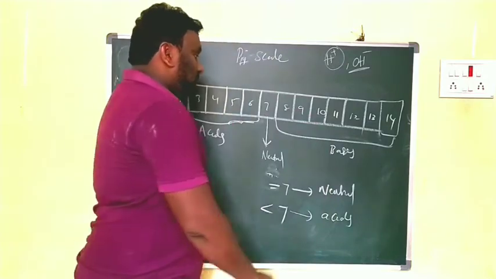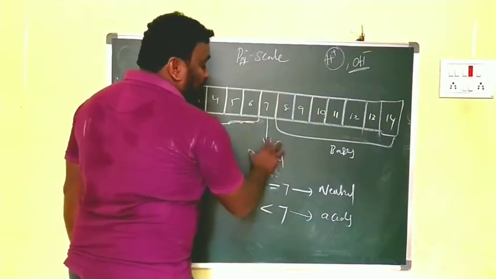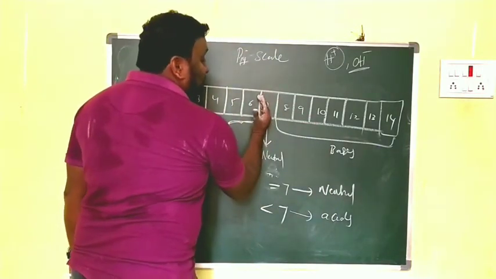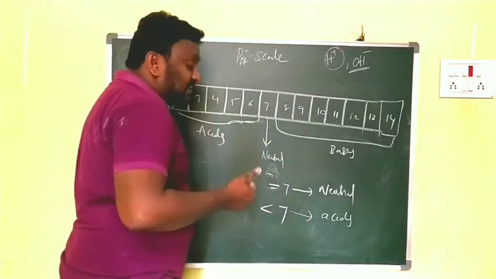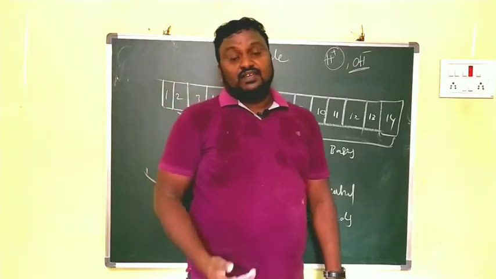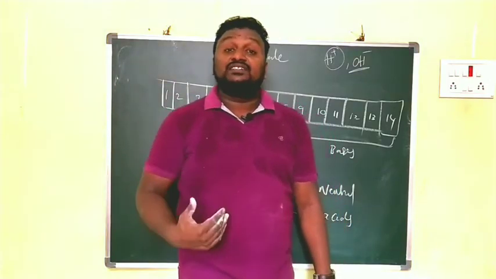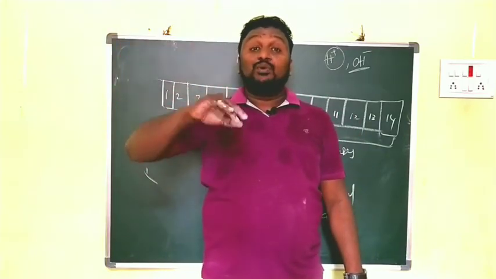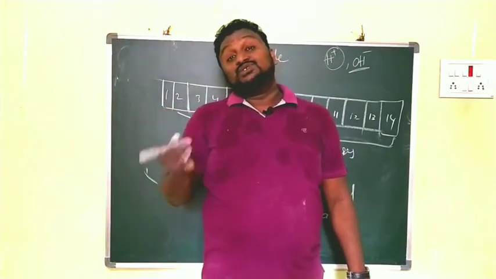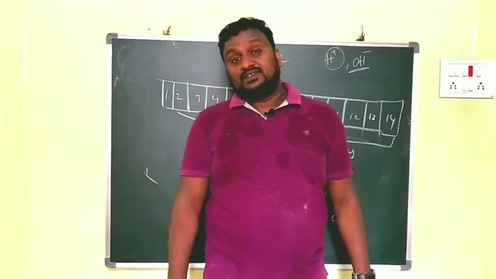Clear? If the value is 7, that should be taken as a neutral solution, and the solutions whose pH value is less than 7 should be taken as acids. And the solutions whose pH value is more than 7 are called bases. Clear, children?